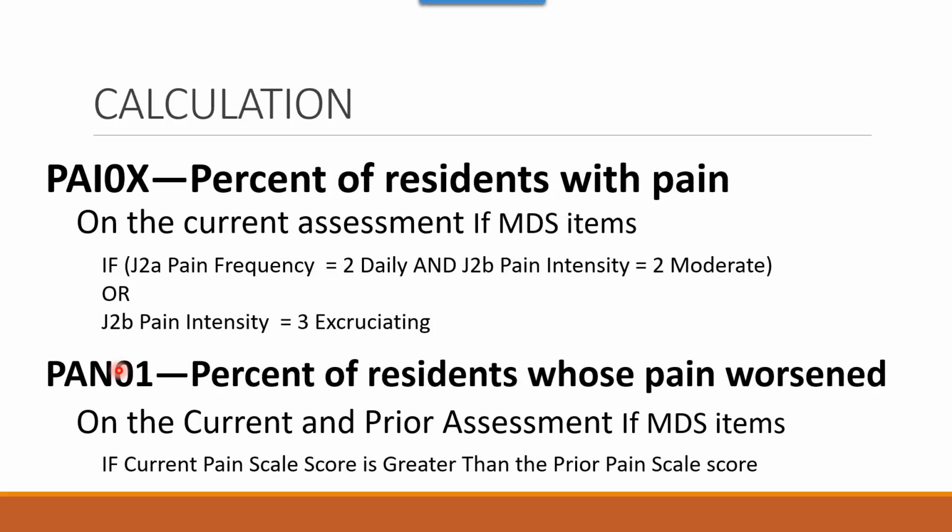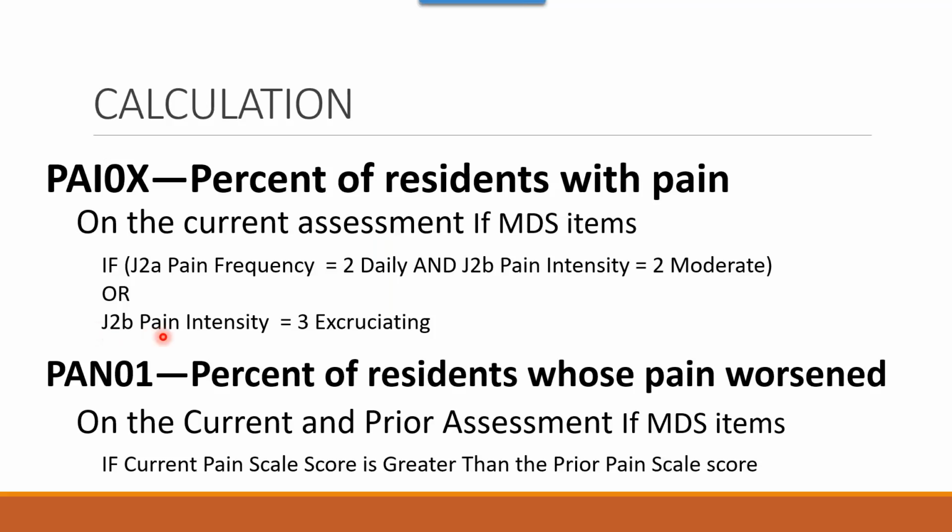So for the presence of residents with pain, all we're looking at is one of two conditions. Either condition will have us trigger the quality indicator. So you can see here, if the pain frequency is daily and the pain intensity is moderate, then we're going to trigger the quality indicator.